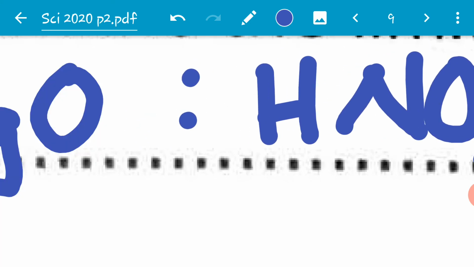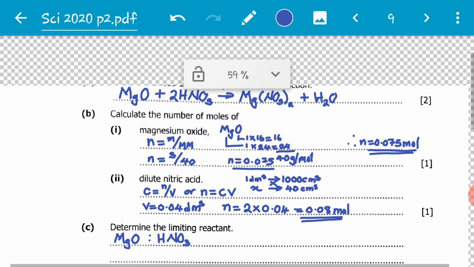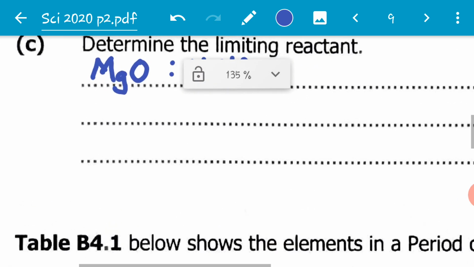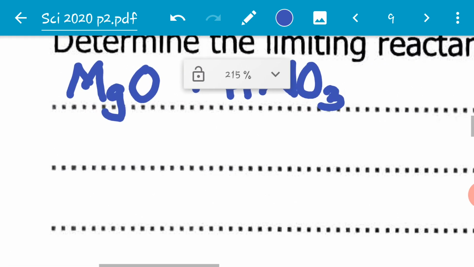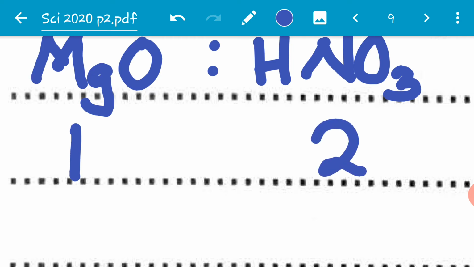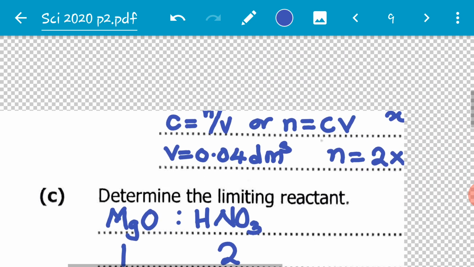Now, we go back to the balanced chemical equation. 1 mole of magnesium oxide is reacting with 2 moles of nitric acid. So we need to put this relationship down here. But we have also determined the number of moles of each reactant that has been given to us.